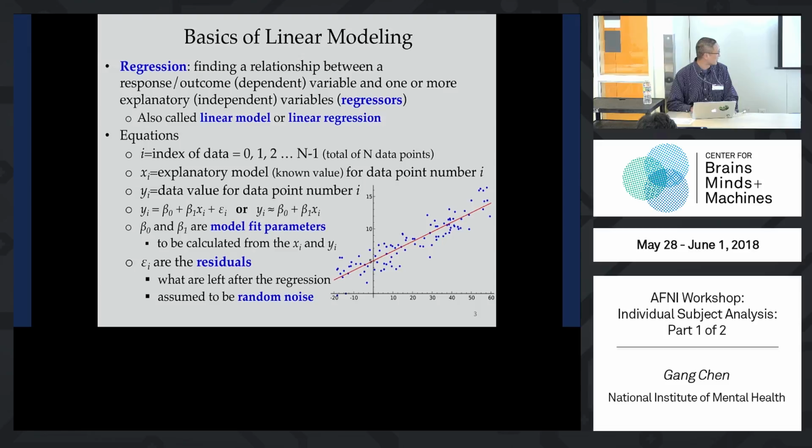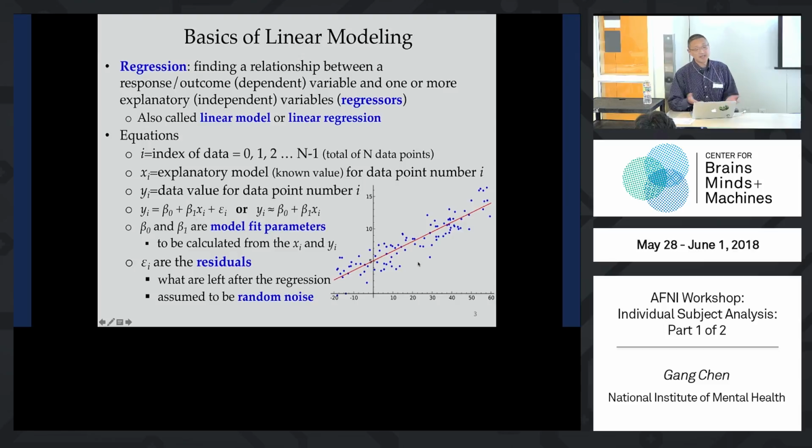So usually we consider Y an outcome variable or a response variable, and X is your explanatory variable. The simplest regression or linear model has one explanatory variable, and we look at how much X can explain the variability in Y. So that's the simplest model.